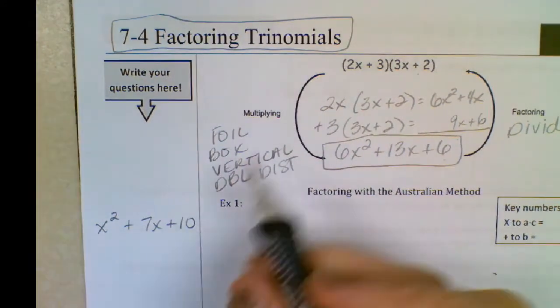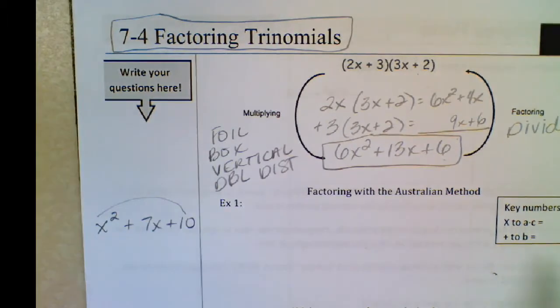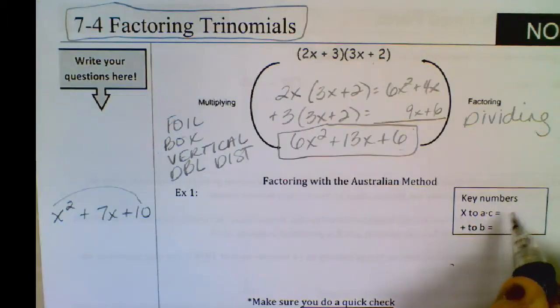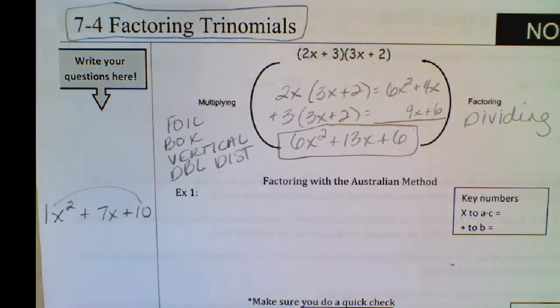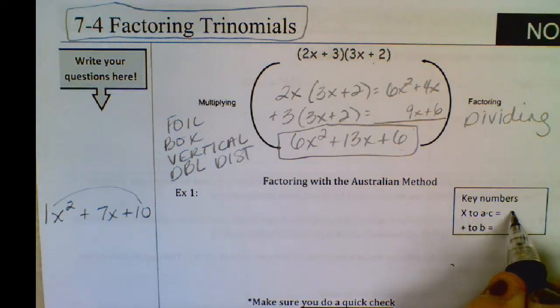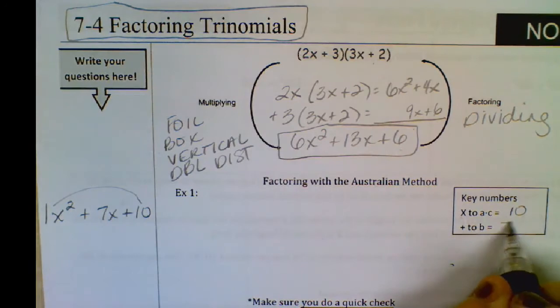What I need you to remember is that your AC number, those numbers are always going to multiply to that AC number. In really simple ones where this A value is 1, these are the simple ones to factor. Your AC value is essentially your C value, and your B value is there.